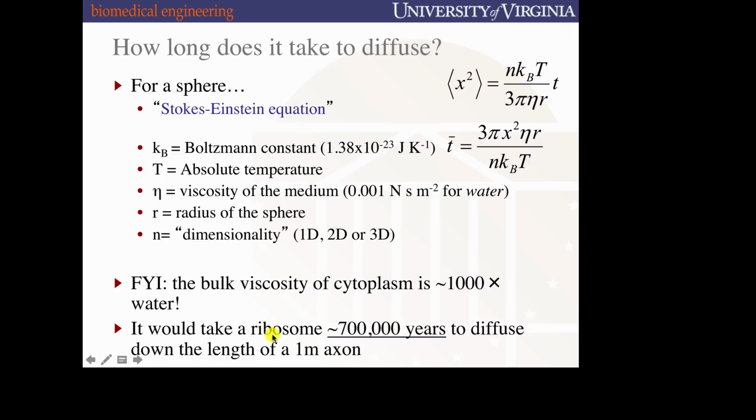If we're trying to transport a ribosome from the perinuclear region, right around the nucleus, to the end of that axon, it would take on the order of 700,000 years in order for that ribosome to diffuse down the length. So the take-home message here is that diffusion is not sufficient for biology, certainly as we know it.